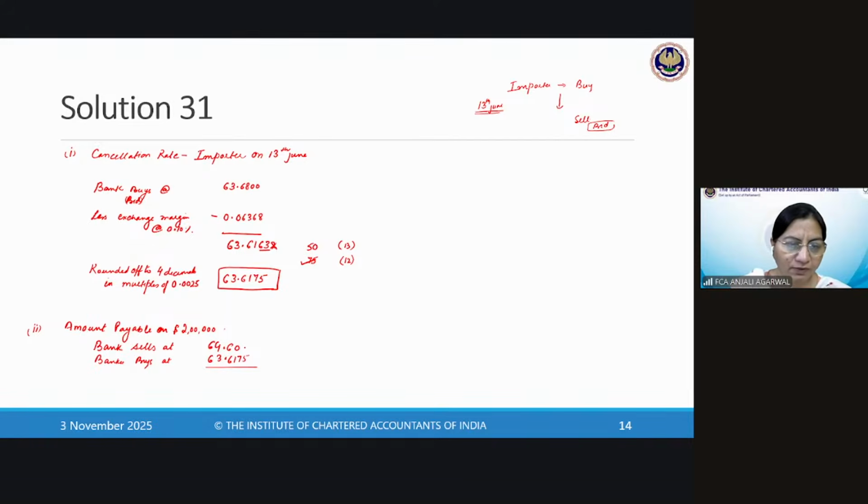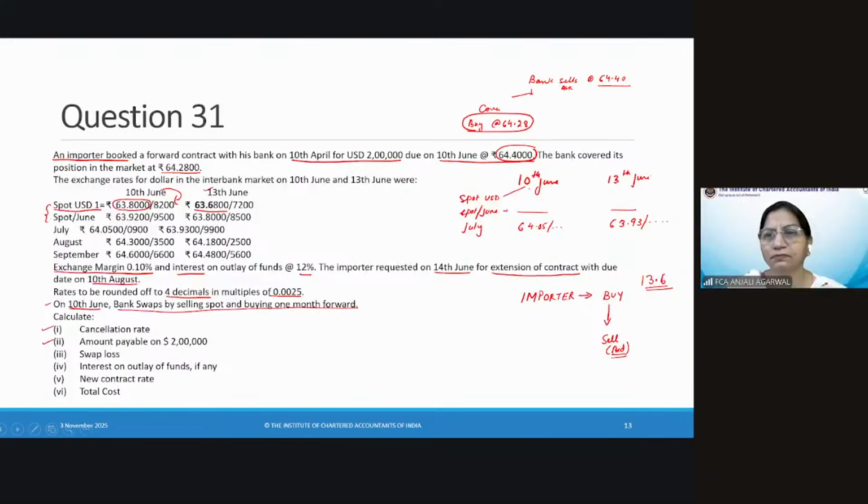Team, you will do one more thing here. This should also be written till 4 decimal places only, because we are rounding off till 4 decimal places. So even if it is a 00, please do write. Ma'am, in second amount payable on $2 lakh, bank sells at 64.4, no, because the contract was on 64.4.